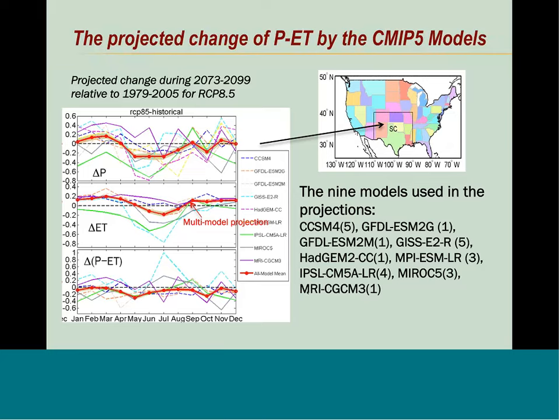However, if we look at the CMIP5 model climate projection, as shown by this diagram, which shows the projected change of precipitation, evapotranspiration, and P minus E over the 5 states in the South Central U.S., you can see that there's a large intermodel discrepancy among different models.